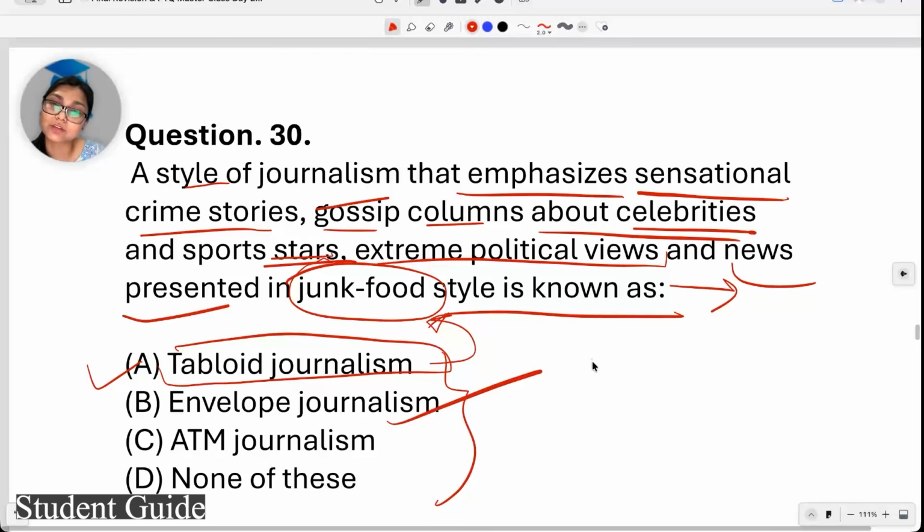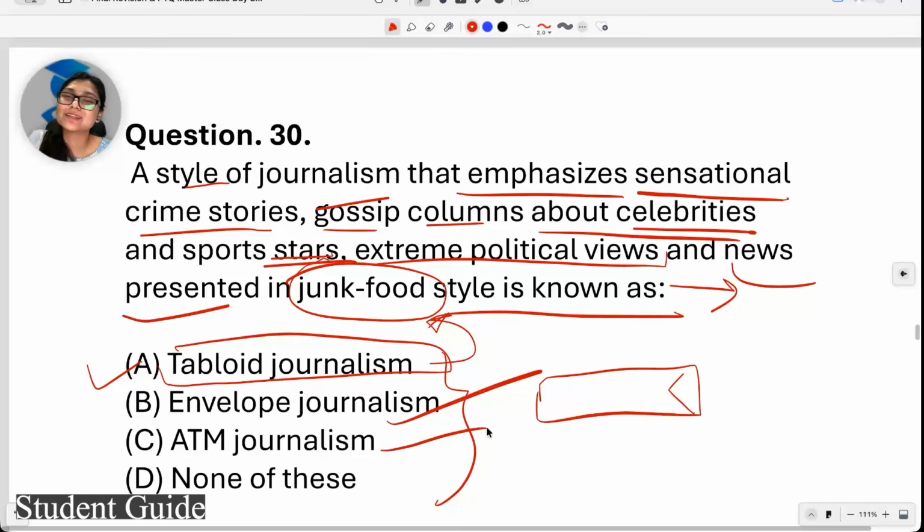For example, envelope journalism. You all know there is an envelope. For example, some political leader may give some money in that envelope to a journalist. And ATM journalism is a kind of digital transaction to the journal company, so that the particular person's good news is always telecast on particular platforms.